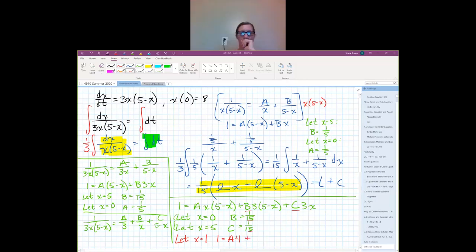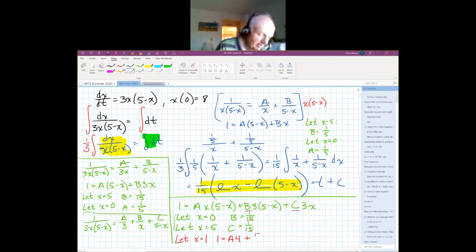I'm not having a lot of confidence in this. B is 1/15, so that becomes 3/15. Did I do that right? Sorry. Let me be a little more careful there. So b is 1/15, so it'll be 3/15 times 4.